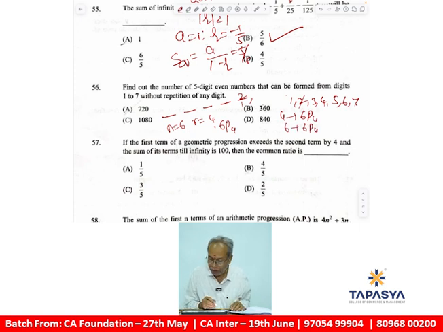So the total is 3 into 6P4, that is 3 into 6 into 5 into 4 into 3. Is it clear? So 20 into 6 is 120, and 120 into 9 is 1080. So the answer is C.